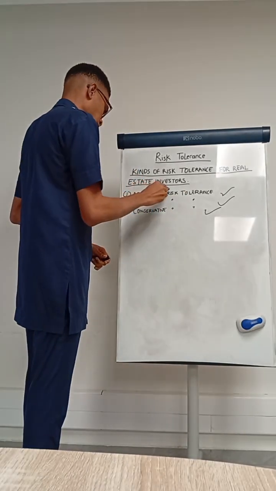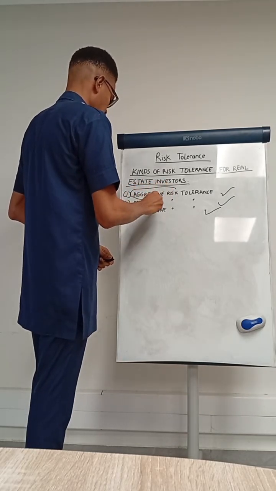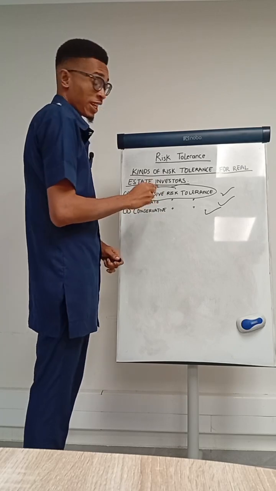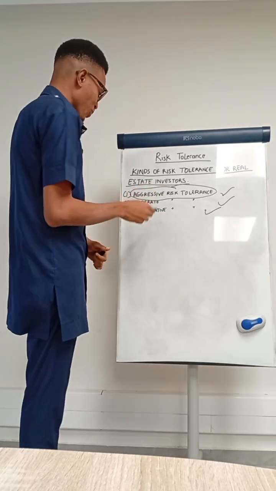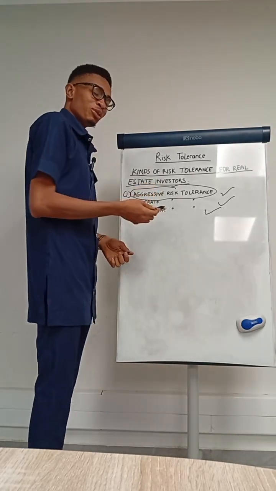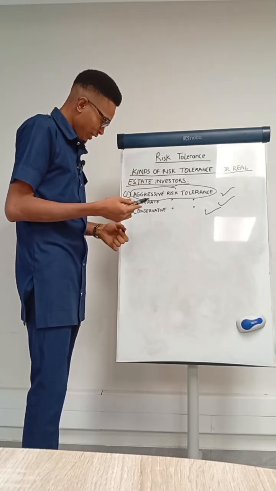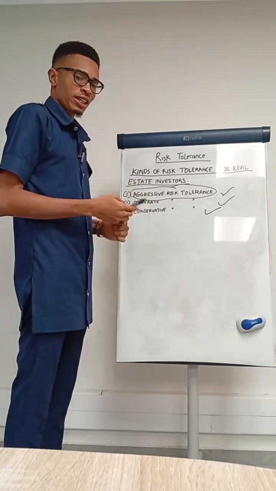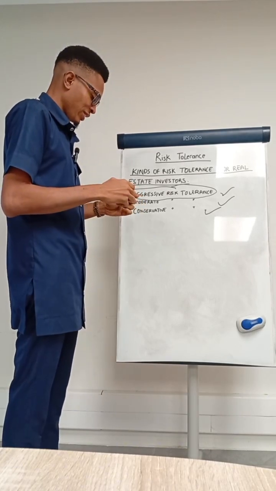So let us take the aggressive risk tolerance. These people are the type of risk takers that I like in this business. I like all, but the more the profit, the more you will like. Aggressive risk tolerance, like I call them, the people wey no dey gree.